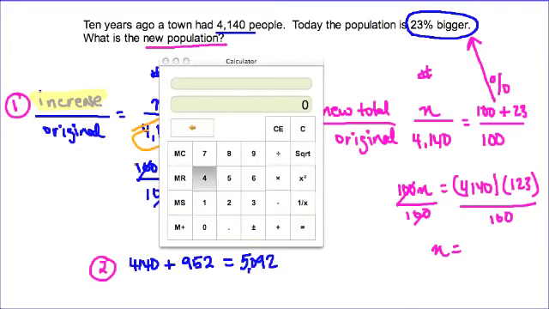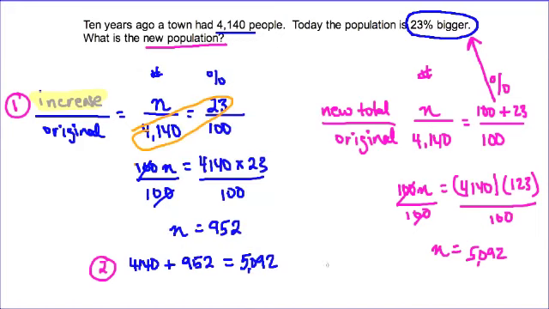I have 4,140 times 123 divided by 100 is 5,092.2, but once again, because we don't have 0.2 people, it will be 5,092. And we can see by comparing that to the previous method that it is in fact the same answer. So just a different technique here.